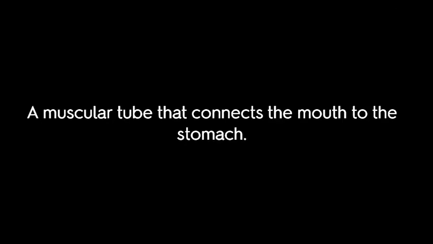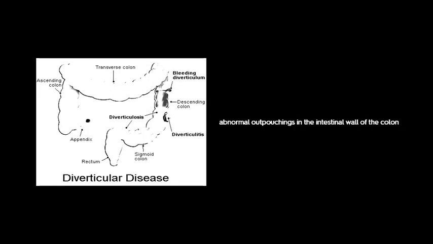COPD. Chronic obstructive pulmonary disease. Esophagus. A muscular tube that connects the mouth to the stomach. Duodenum. First part of the small intestine. Diverticulosis. Abnormal outpouchings in the intestinal wall of the colon.